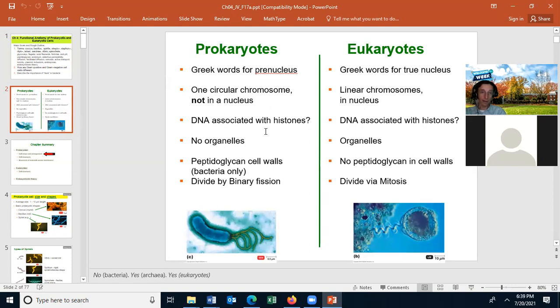When we look at the DNA, we'll see that the DNA of prokaryotes, I should say bacteria, is not associated with histones. And the DNA of eukaryotes is associated with histones. It's the major protein in the chromosome, the histone protein. Prokaryotes have no organelles, eukaryotes do.